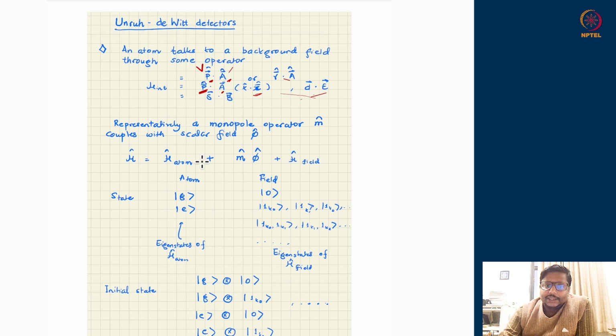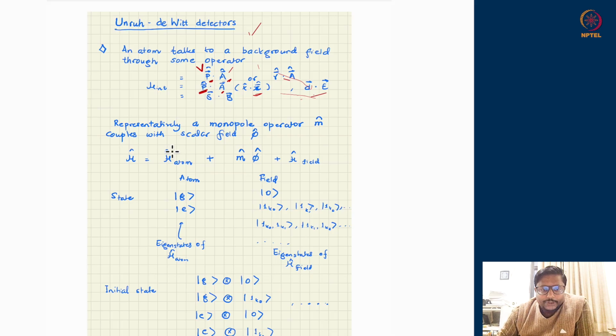As we discussed, one very representative way of dealing with such a system is through something called the Unruh-DeWitt detector. The Unruh-DeWitt detector is just a representative system of this sort of interaction, and it has most of the simplistic features built in, without depending on a more detailed qualitative or quantitative description of the field as well as the atomic system.